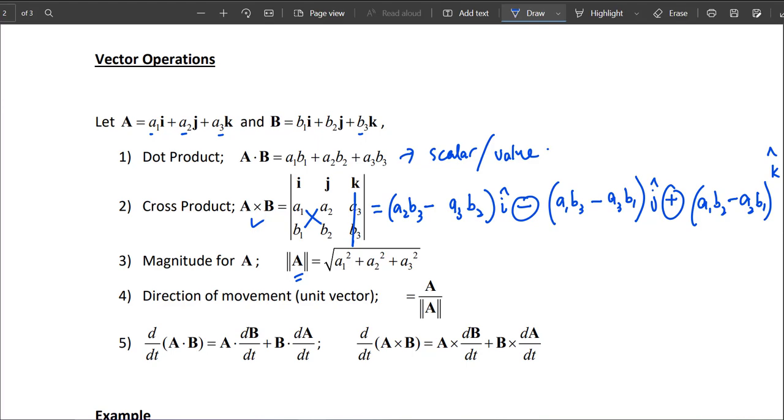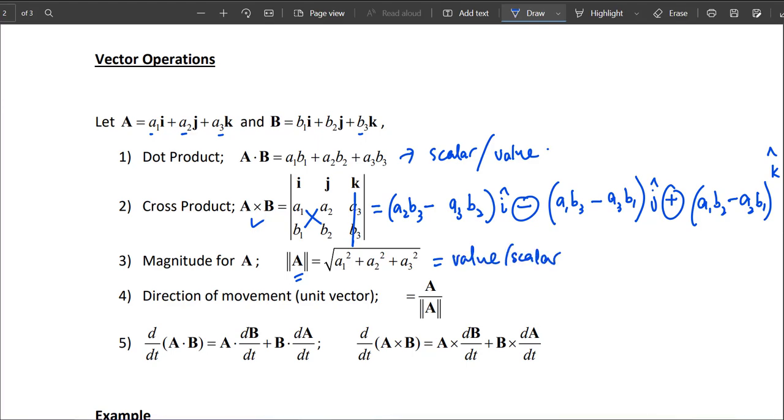So we have the magnitude. We also can find the direction, which is the unit vector, A over its magnitude. This is still a vector. Magnitude is a value, a scalar.